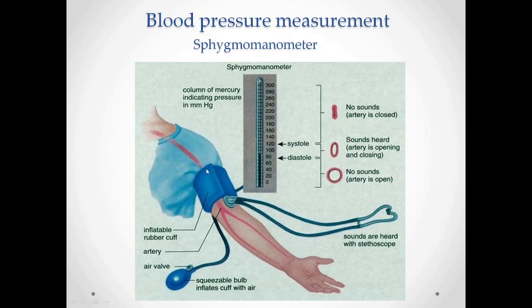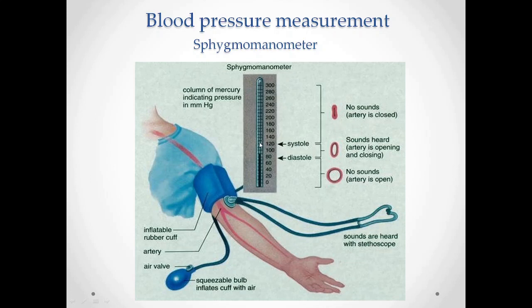When blood flow is restricted, there will be no sound, because your artery is closed by the high pressure of air. The medical practitioner will then slowly release the bulb. When they release it, the air pressure slowly drops, which you can see from the mercury level.